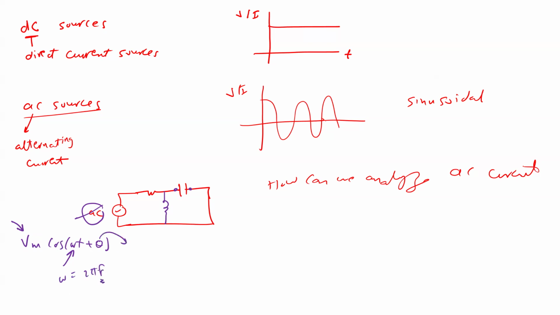Also, it has theta, which is the phase angle. I will explain it. But what I want to say here is, if this is the input, then for sure, if you get the voltage or the current anywhere, it should have the same frequency. So omega will be the same everywhere.